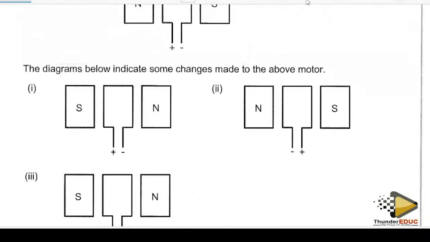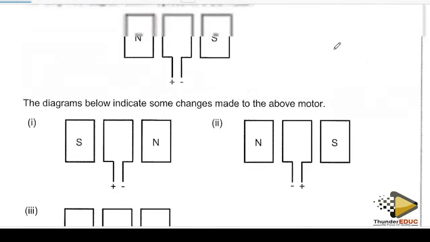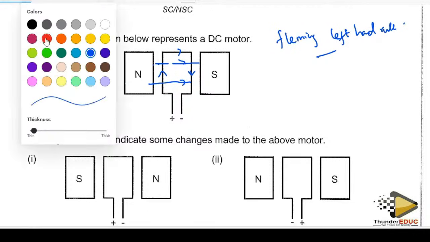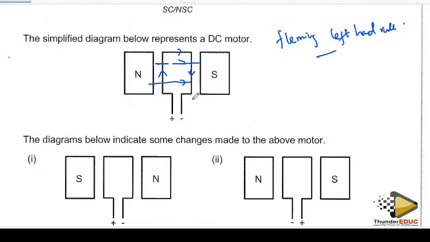From the original, this is the positive and this is the negative, which means current is going to flow in this sort of direction, because current flows from the positive towards the negative terminal. We know that the field is from the north to the south pole. Then we apply our Fleming's left-hand rule.